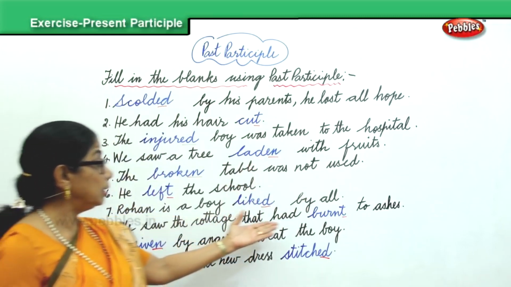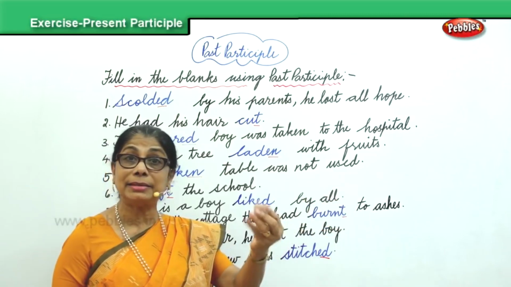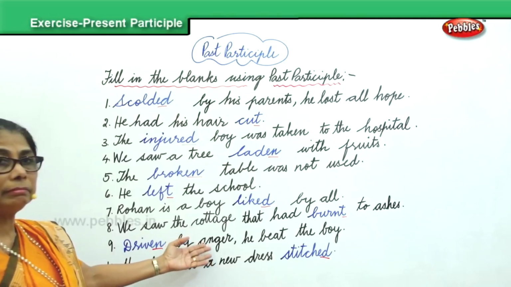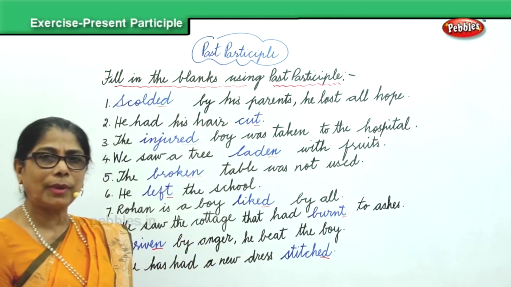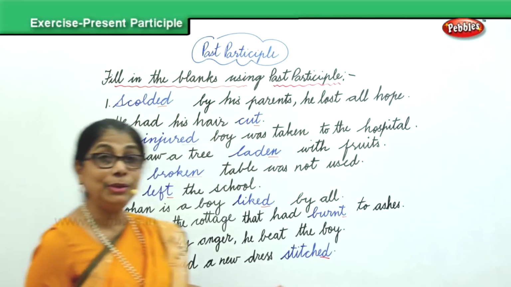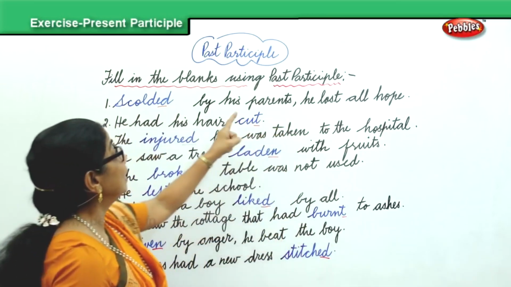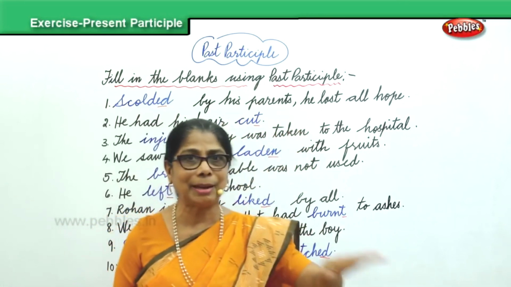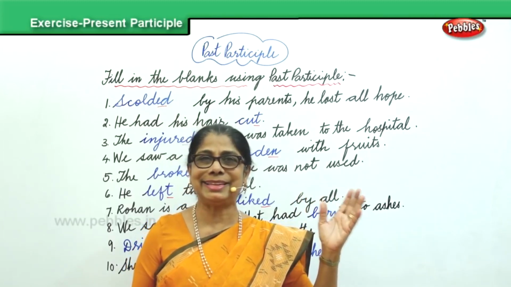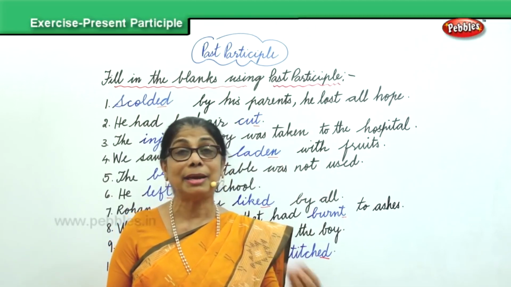We saw the cottage that had burned to ashes. Only ashes there. No cottage there. Driven by anger, he beat the boy. So angry, driven by anger. She has had a new dress stitched. The dress is ready. So in past participle, the action is completed. If you can remember that much, then it's easy. So now we learned how to fill in the blanks with past participle.